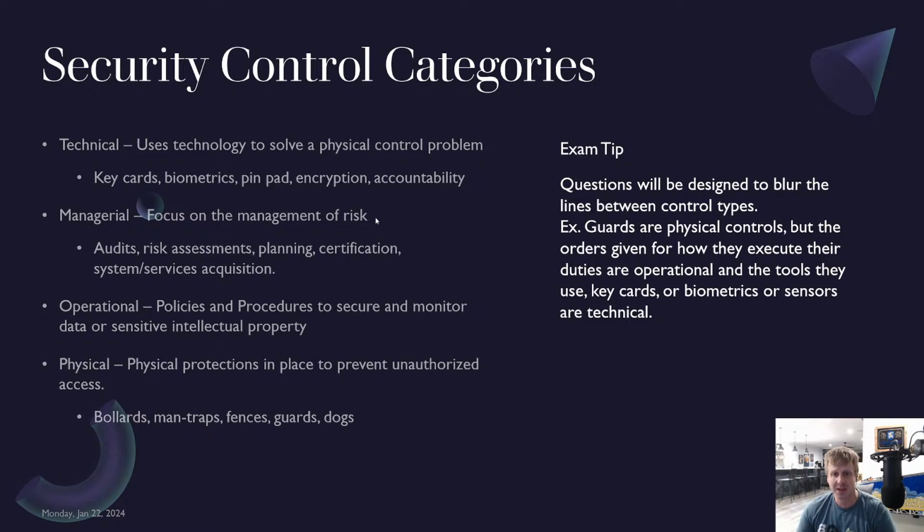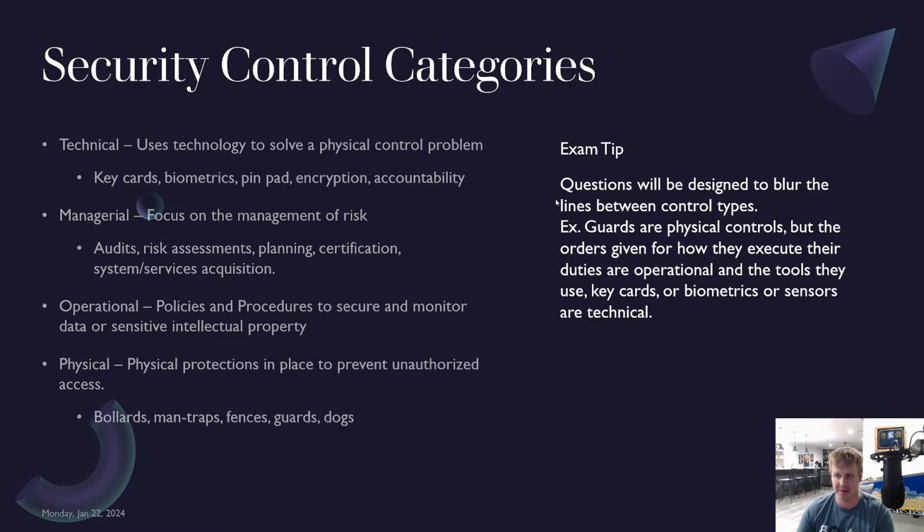And then your managerial controls essentially focus on managing the risk. They're the controls that you use to identify your gaps, to identify any shortcomings, or finding issues or gaining certifications, things like that, within your security environment.